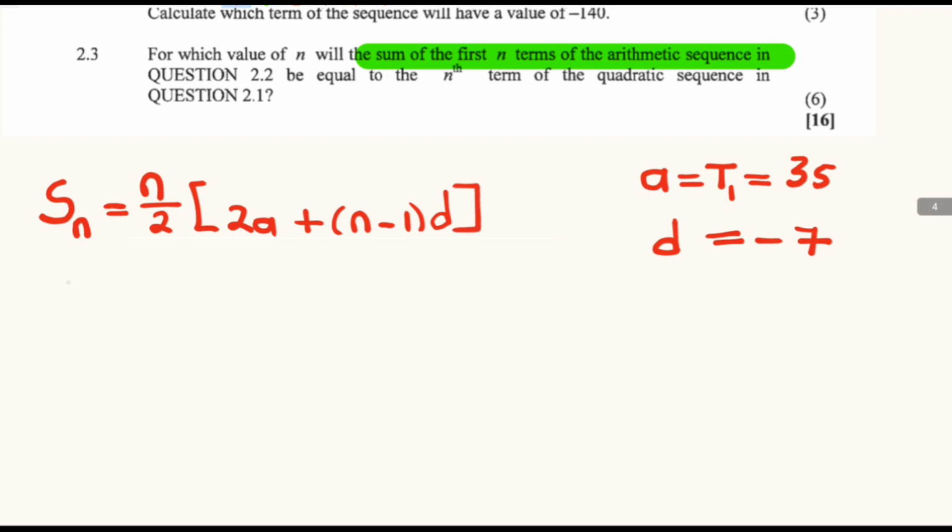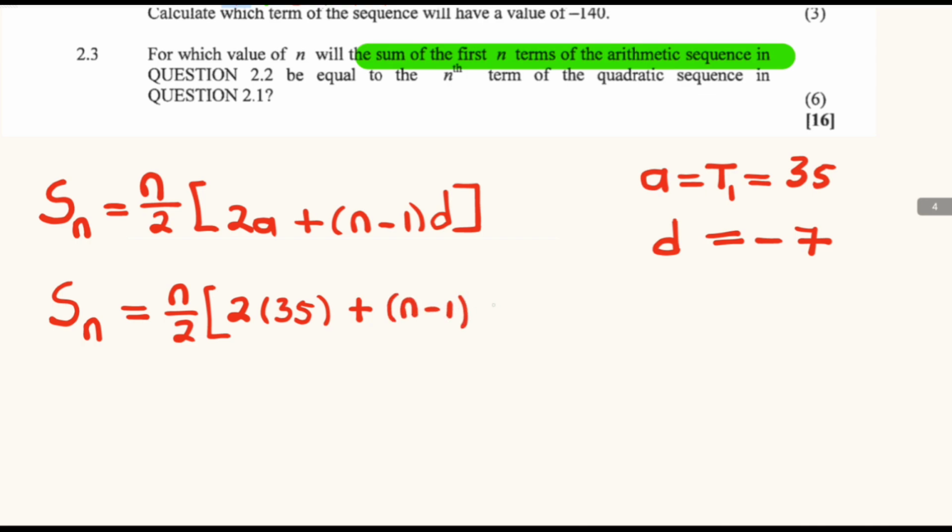For the arithmetic series, we had the first term a, which was equal to 35. So we have 2 into 35 plus n minus 1 multiplied by the common difference, which is equal to negative 7.